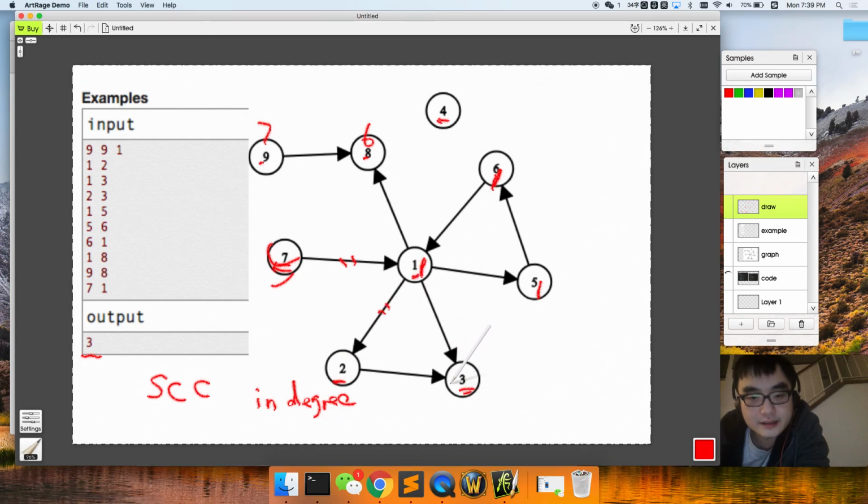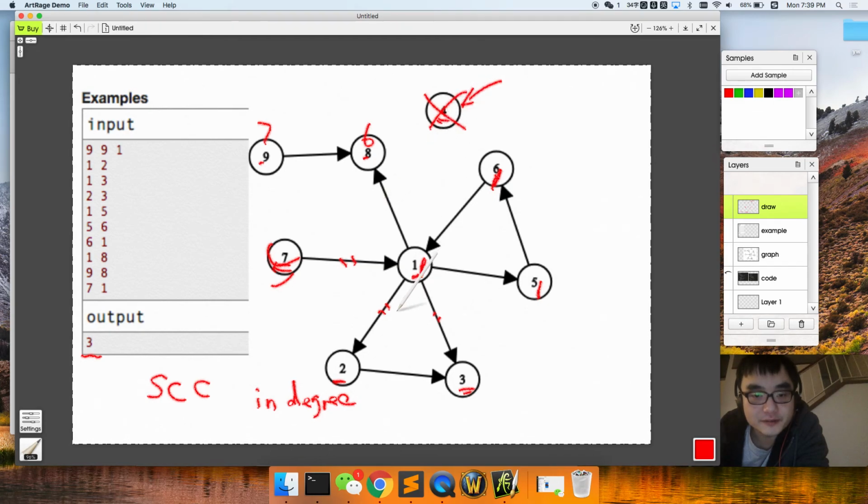This guy also has in degree. And where is the 4? This guy does not have in degree. So that's one SCC we need to add an edge to, right? We need to add an edge to this SCC, right? Otherwise, this guy cannot be reached by the first node, right?